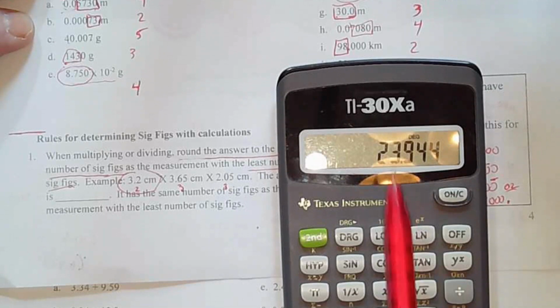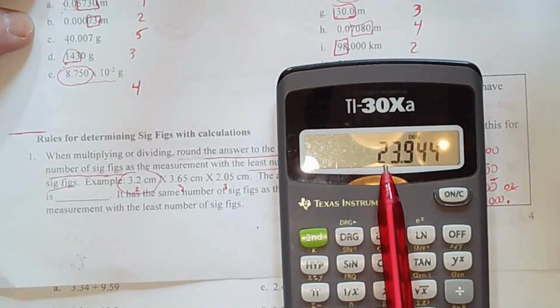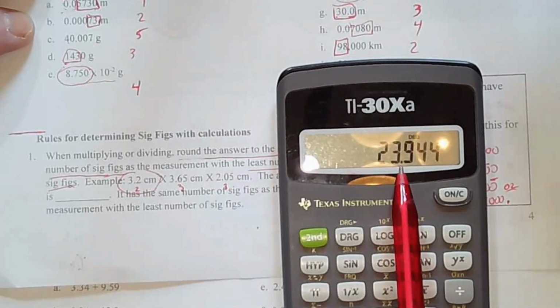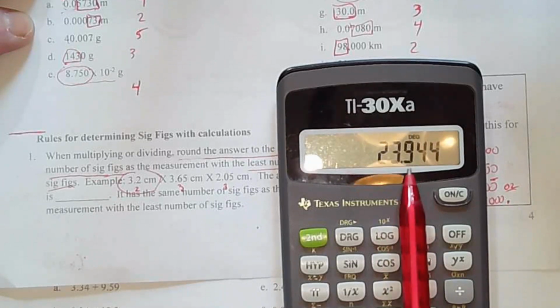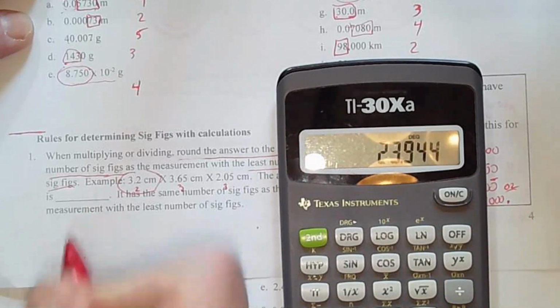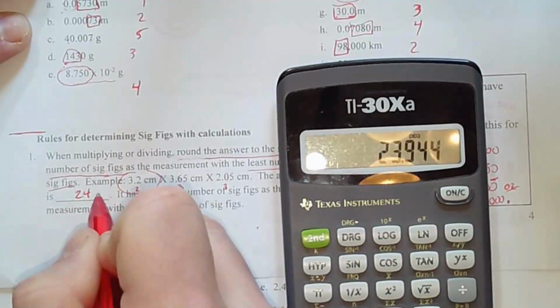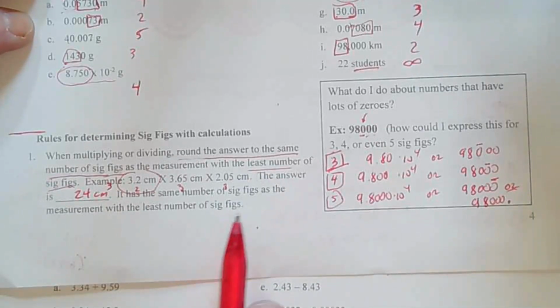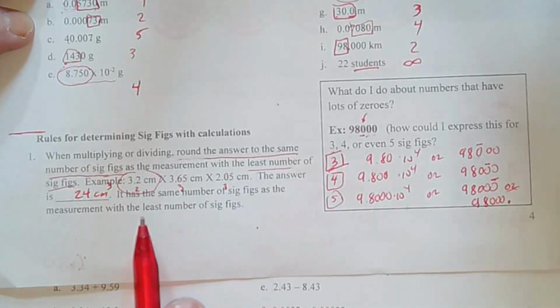The easiest way to do that is typically to start on the left of the number and count over 2 spots: 1, 2. So we need to round this to the nearest 1. To see if we're going to make this 23 or 24, we look at the number next to it, and it's a 9, which is greater than 5. So we round this up to 24 cubic centimeters, which is the same number of significant figures as the measurement with the least number.